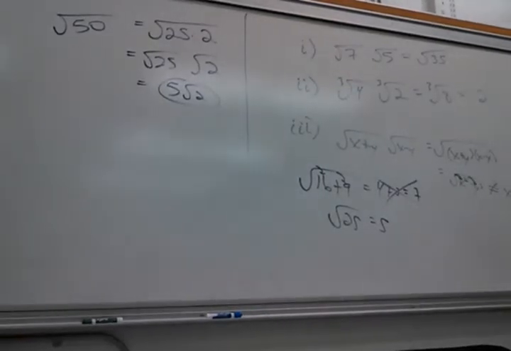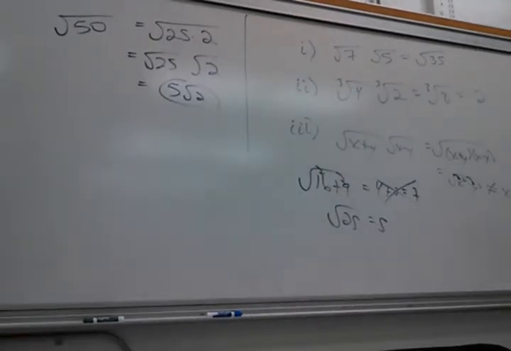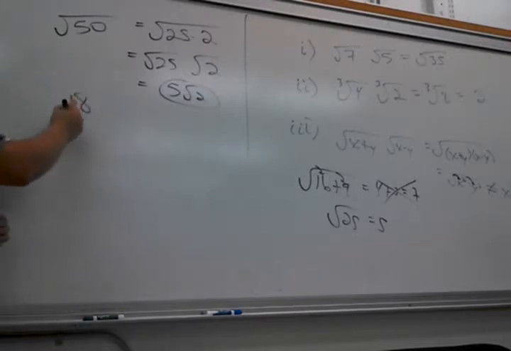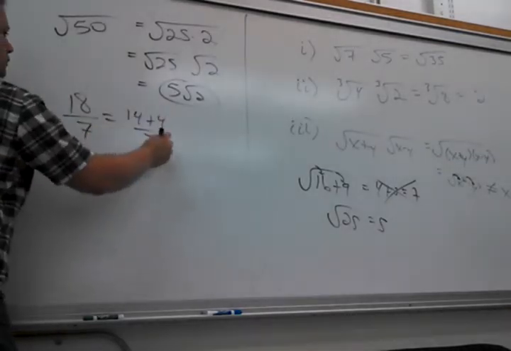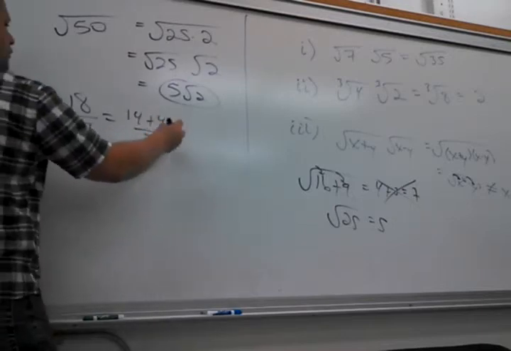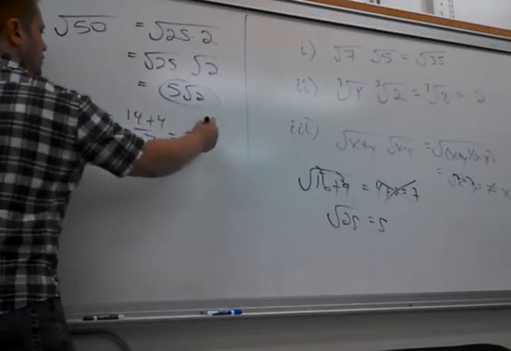So that's what I call reducing a root. It's not quite the right terminology, but I like it, because it is a lot like reducing a fraction. You do the part you can, you leave the part you can't. So it's a lot like 18 over 7. Can I divide 7 into 18? No, but I can divide 7 into a part of 18. If I make this 14 plus 4, 7 goes into 14, and I have 4 sevenths left over.